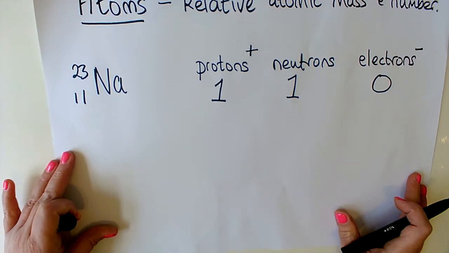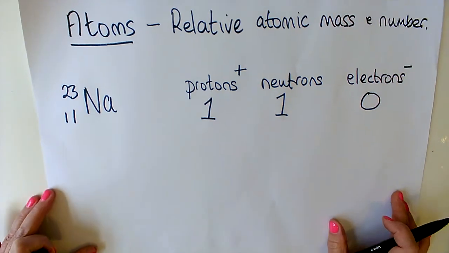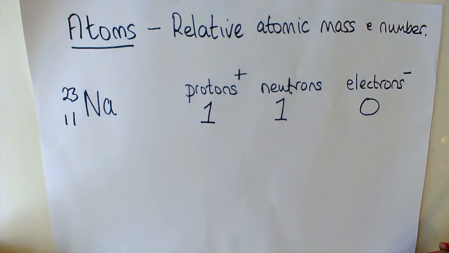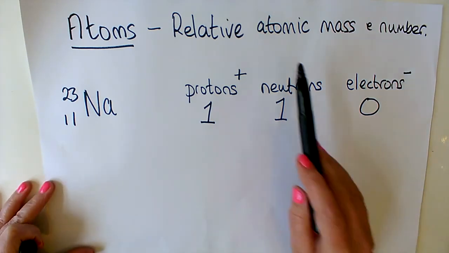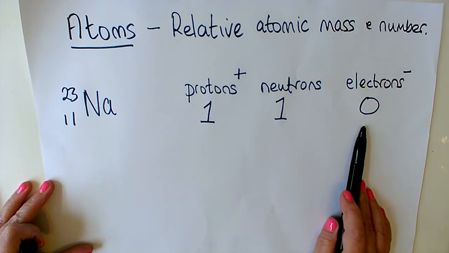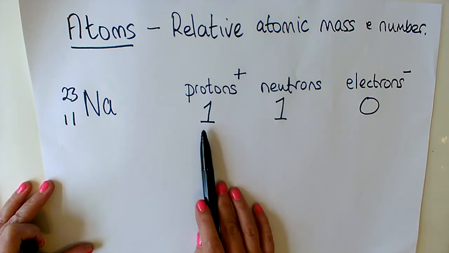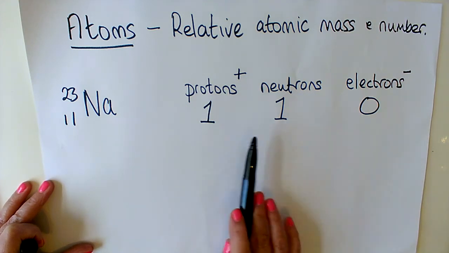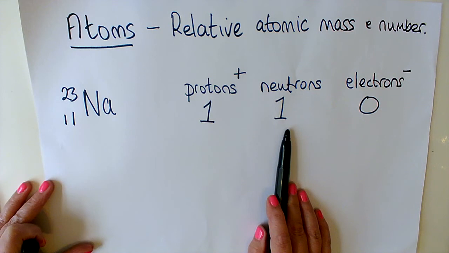So what has this got to do with the relative atomic mass and number? If we look at the atomic mass, electrons really aren't going to come into it because their mass is practically 0. So atomic mass is all to do with the mass of the protons and neutrons in an atom.